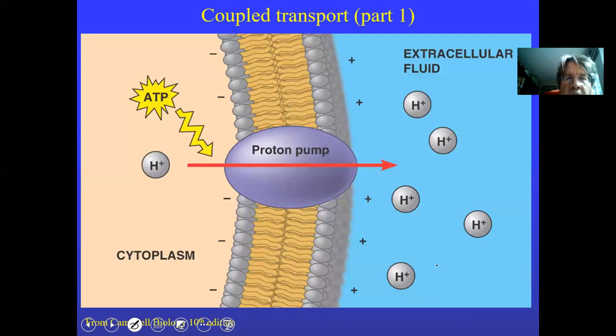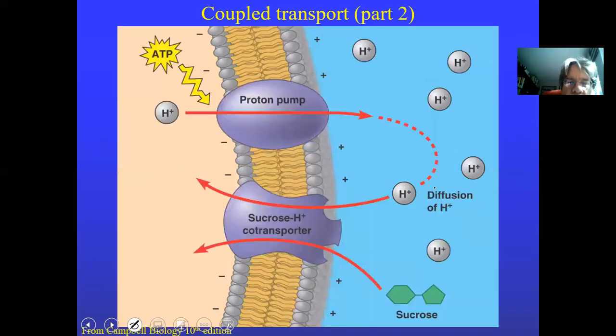Here's another example. This is called proton coupling, where we have ATP being burned, hydrolyzed, to pump protons against their concentration gradients, active transport, right? And then coupling that with another molecule called a sucrose H+ co-transporter, which will take sucrose and move it from low concentration to higher concentration inside the cell by coupling it with the movement of protons down their concentration gradient.